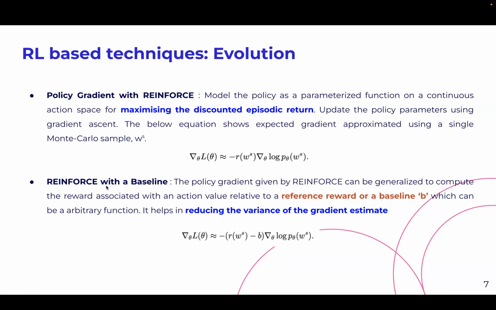Now, REINFORCE with baseline. Here the vocabulary spaces are large, like 5,000, 10,000, 20,000. So it will be difficult for reinforcement learning based techniques to choose a particular action in such a big vocabulary space at each and every time instant.